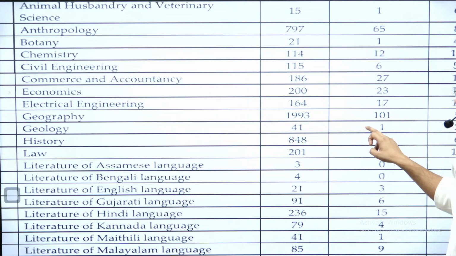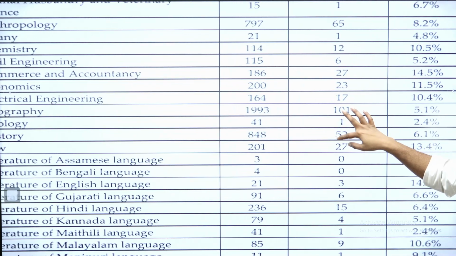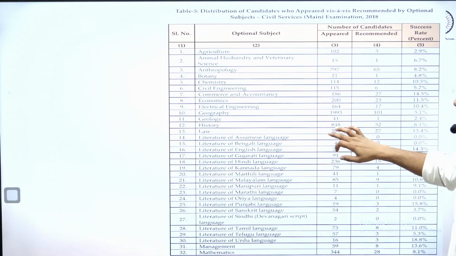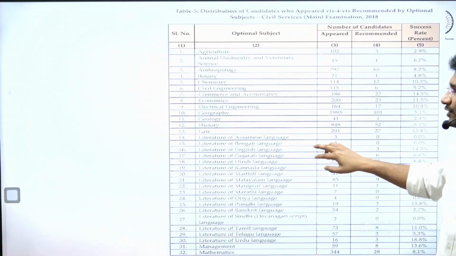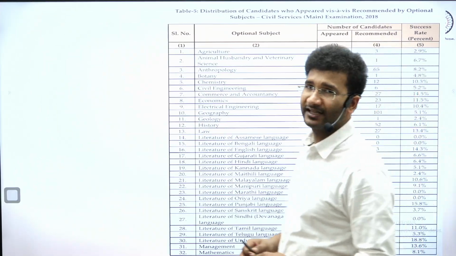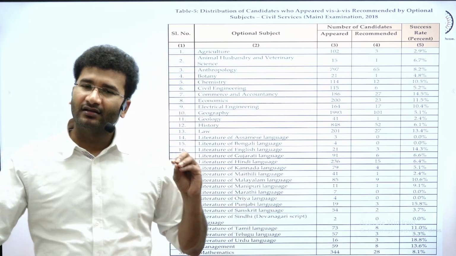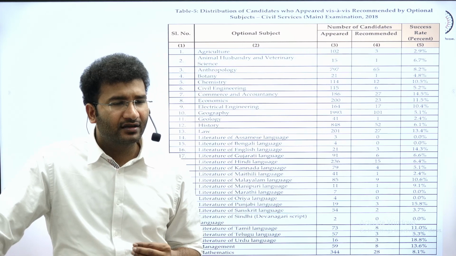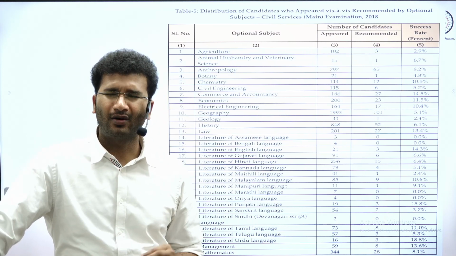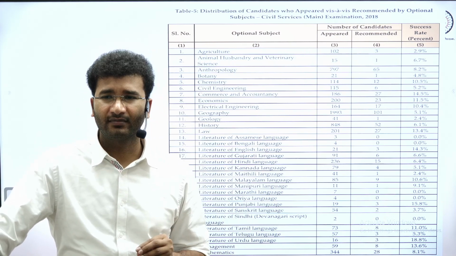How many finally cleared? 101. If this subject is not scoring, 100 students will not make it to the list. Okay? Only 5 or 10 will. Not like that. See, it's a fake conception that any subject will not get scored. All the subjects have their own scoring, right?